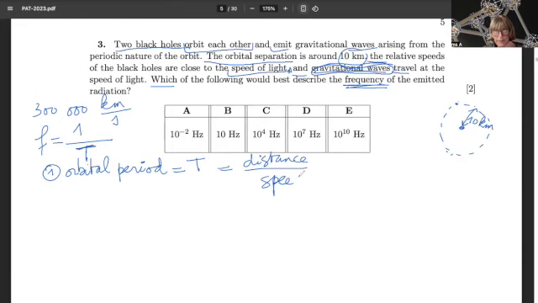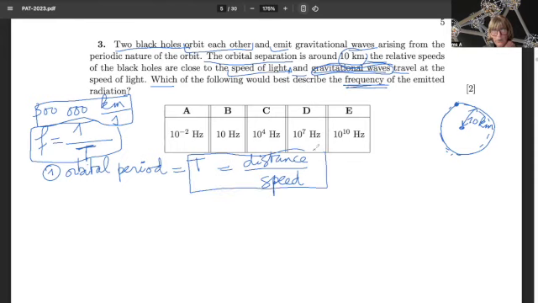Now, the distance will be our circle. So this black hole is traveling like this. All these information elements you have to remember. Frequency you have to know, and you have to know that to calculate T, which is the period, you take the distance divided by speed.